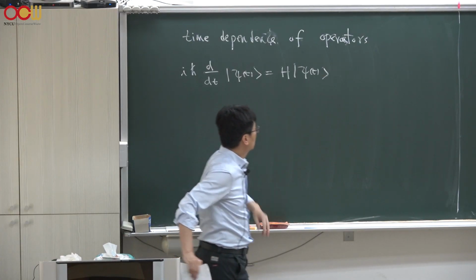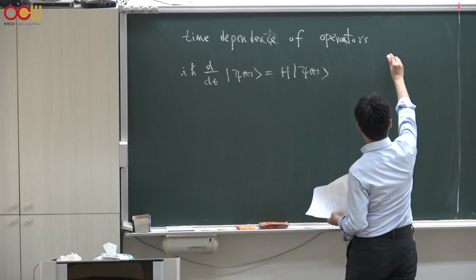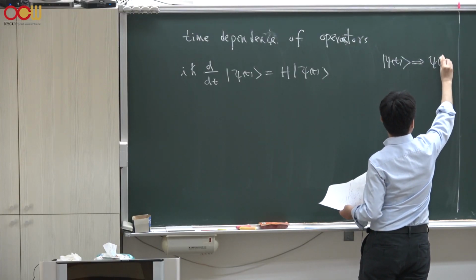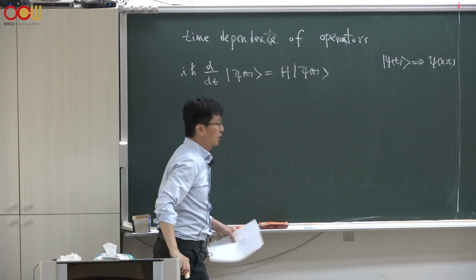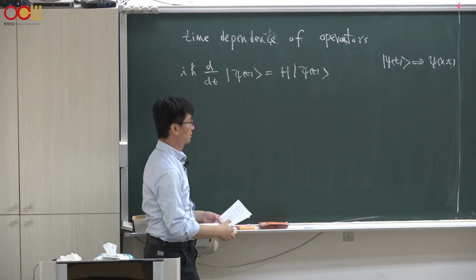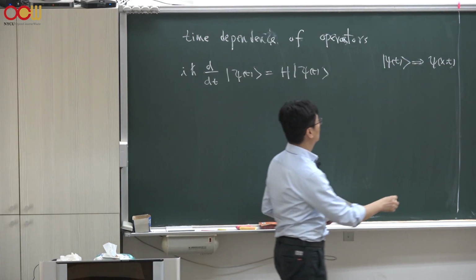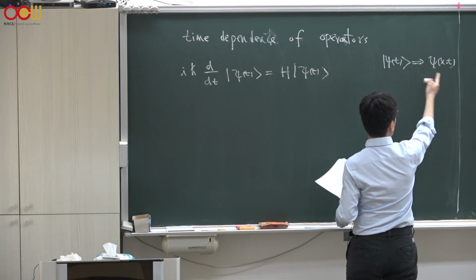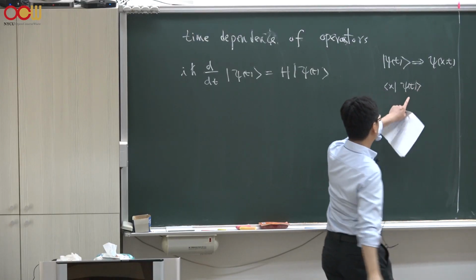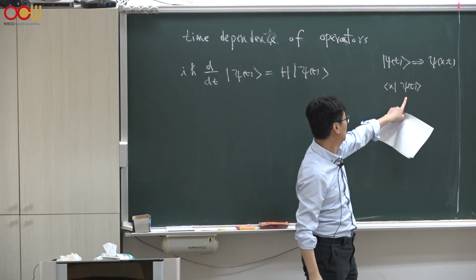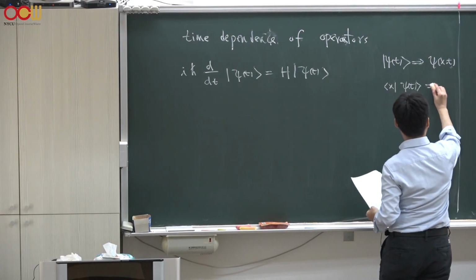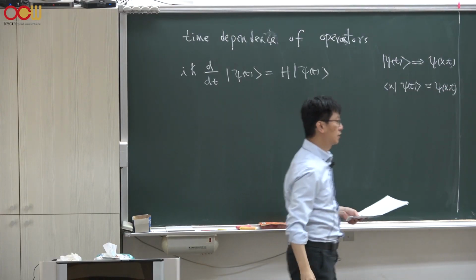So suppose the psi ket state is simply some kind of Schrödinger wave function at any particular time. Of course, to make such a link, we need to project this Dirac ket psi of t onto this position eigenbasis, right? And so we get this Schrödinger wave function.